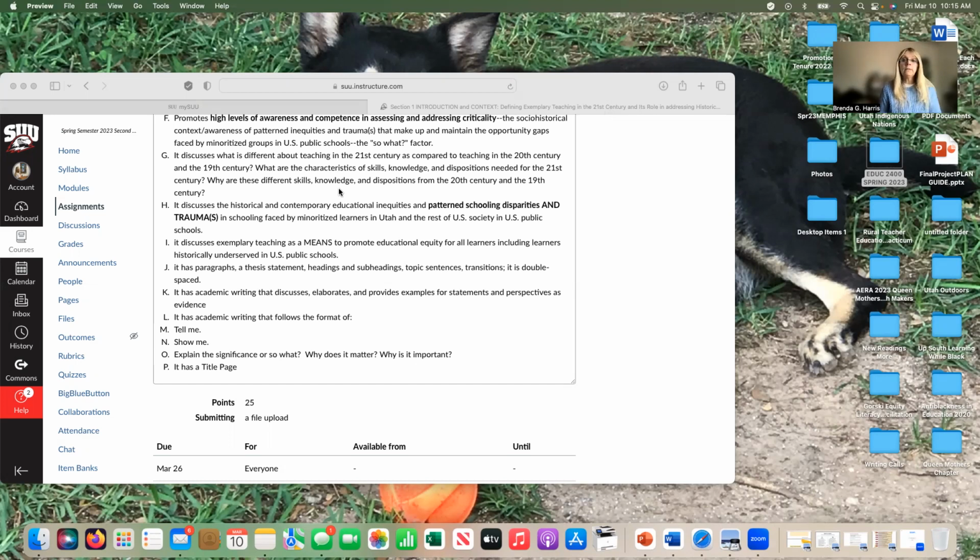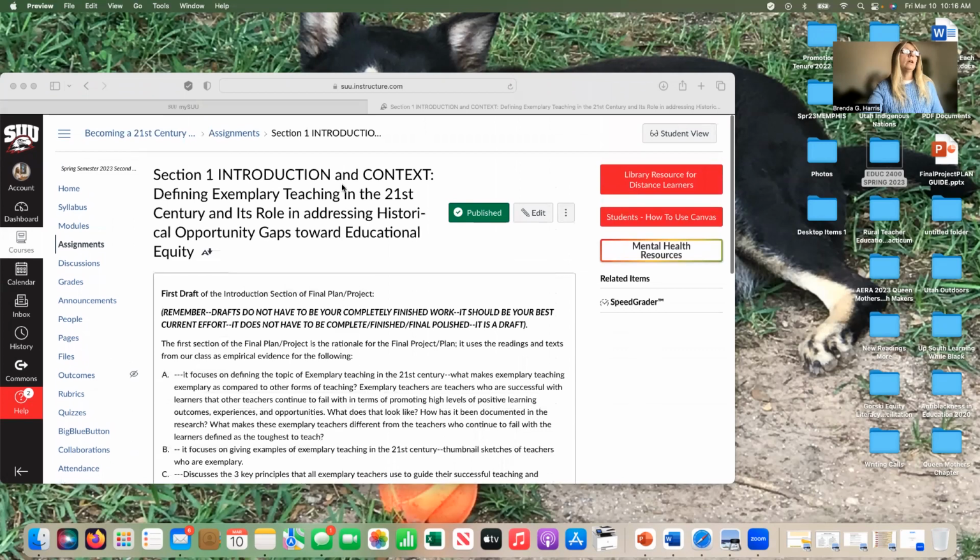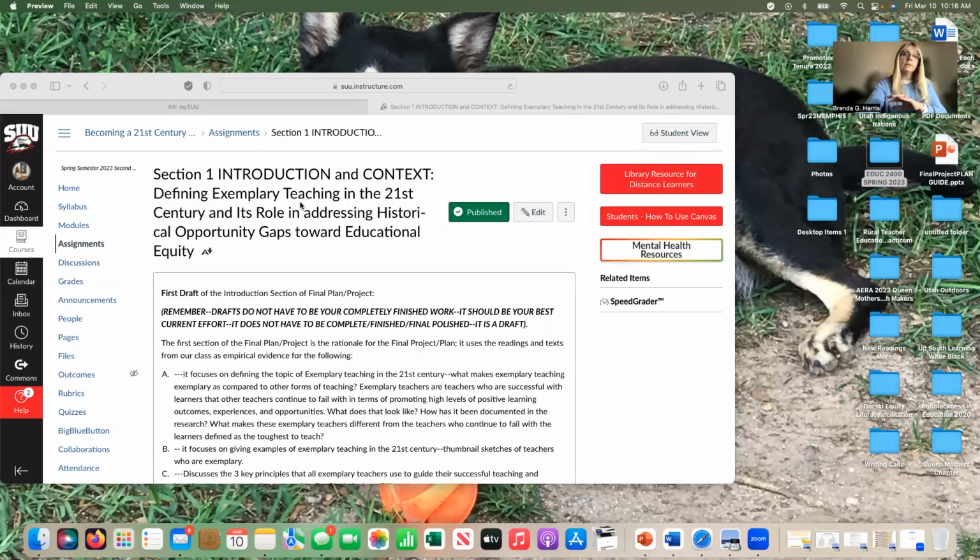And then the readings that are in these first modules, those are the ones that will support you and help you to be able to comprehend and then analyze and apply that, to be able to talk about exemplary teaching as compared to non-exemplary teaching in the 21st century as compared to in the 20th, 19th, 18th century.